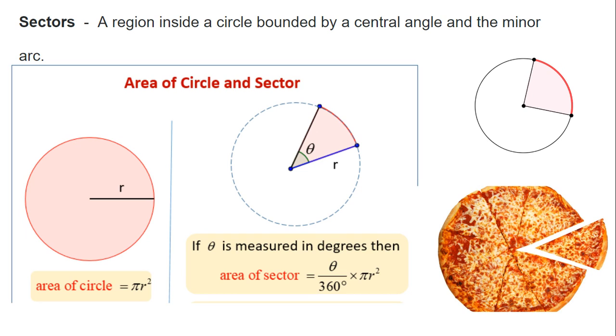The area of a sector is: take the angle of your pizza pie, divide it by 360. Why 360? Because 360 degrees is the whole circle. So you're taking the part divided by the total and multiplying it by the whole area of the circle. And that's the area of your sector, or your pizza.